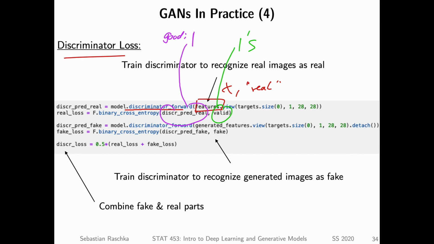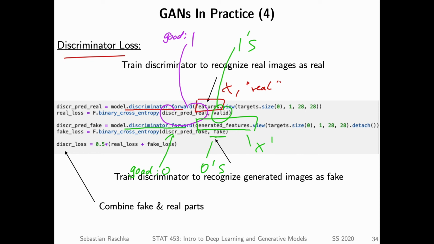So we run the discriminator a second time, but now we give it the generated features, x prime, the fake images. And here we also provide the fake labels, the zeros. And we hope that it also outputs a 0. That means it correctly recognizes that this is a fake image.